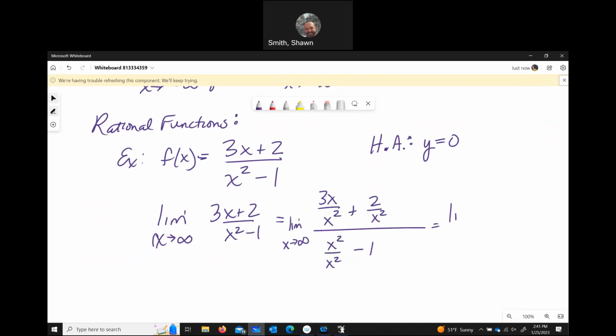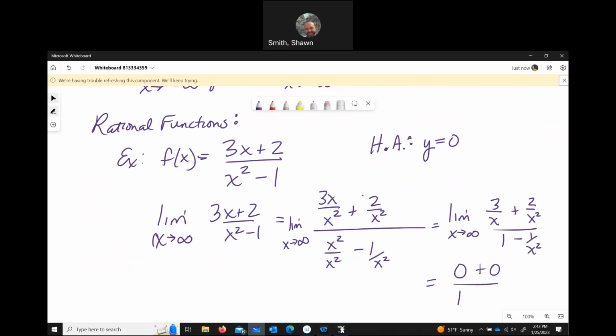From here, I can simplify. This is 3 over x plus 2 over x squared, over, I forgot the x squared there, 1 minus 1 over x squared, and you can take the limit of each individual term in the numerator and denominator. 3 divided by a big number is 0. 2 divided by a big number squared goes to 0. 1 is 1.